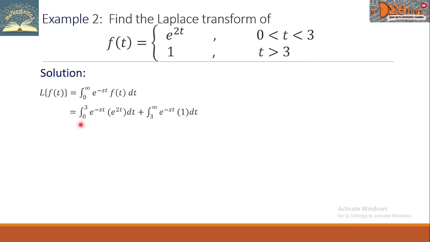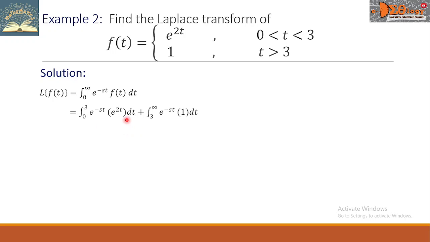So we write here the definite integral from 0 to 3 of e raised to negative st for the function e raised to 2t then dt, plus for the second function, the integral from 3 to infinity of e raised to negative st times the function 1 then dt.